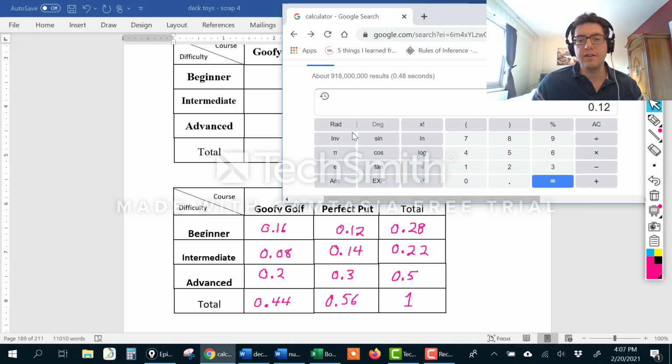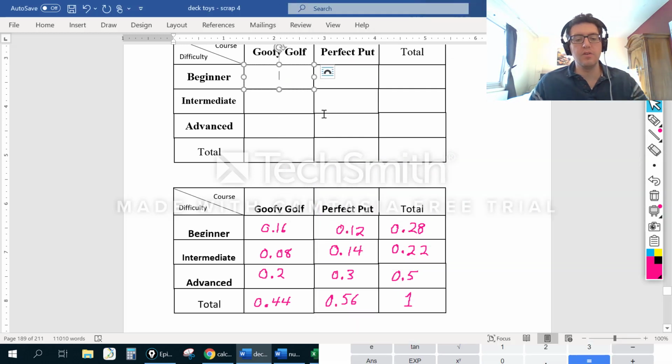So if 16% of all of the holes were beginner goofy golf holes, and I know that there are 50 holes as the grand total, then we'll just do 0.16 times 50, and that will give us 8, which is the number that we had earlier, right?